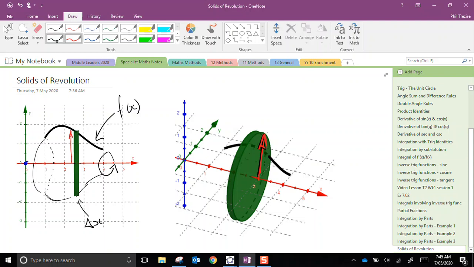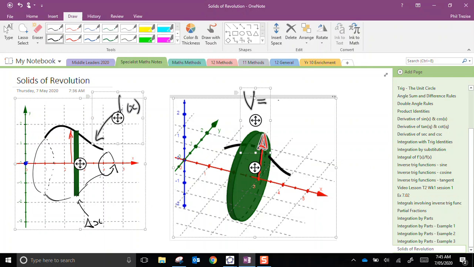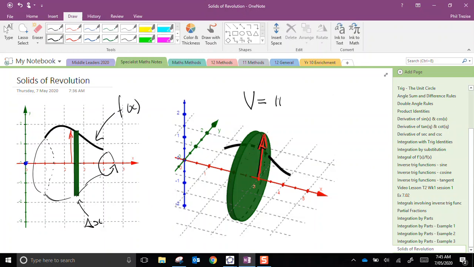So let's think for a moment about what the volume of just this little slice would be. Well, it would be the area of the base. The area of the base is a circle, so that would be pi by the radius squared by the height of the cylinder. Now, that's a formula from middle school, really.